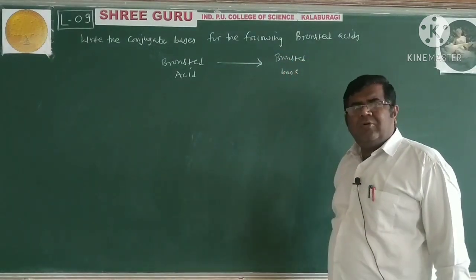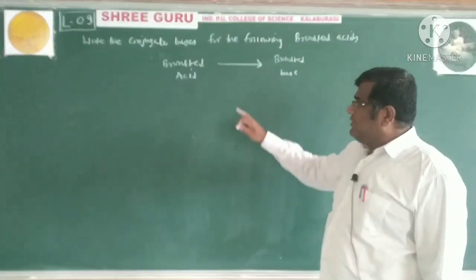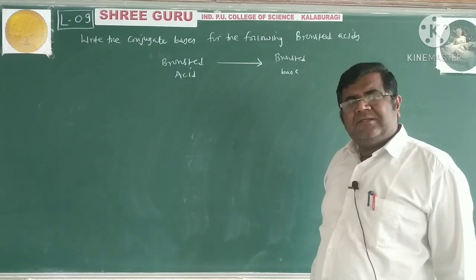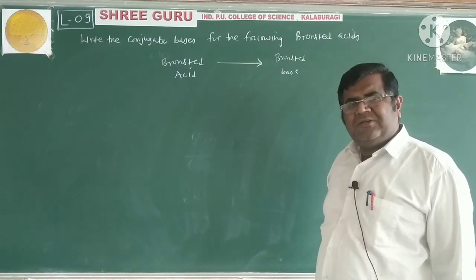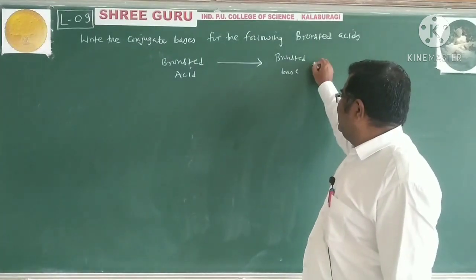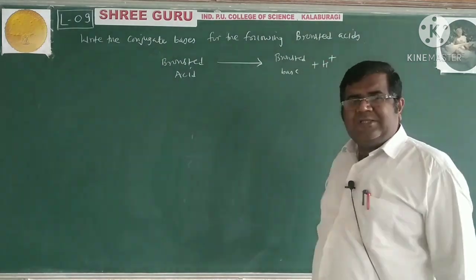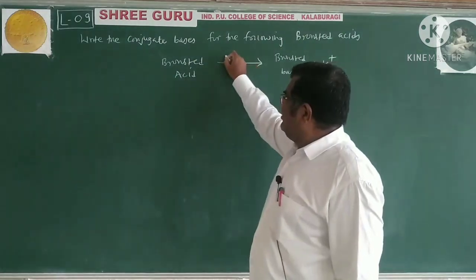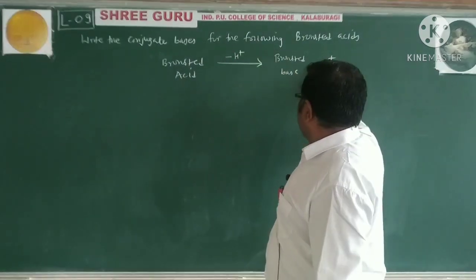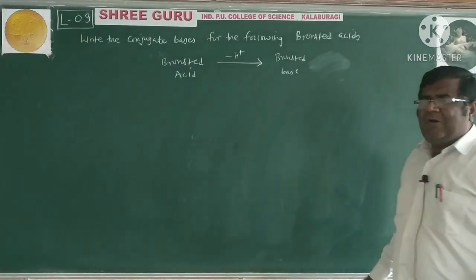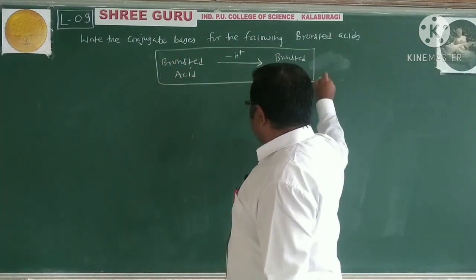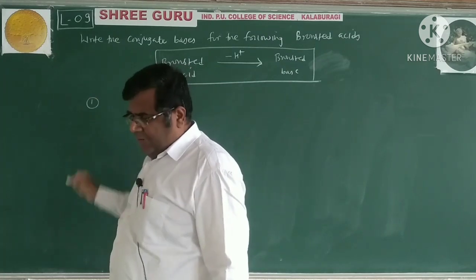How to convert this Bronsted acid to a Bronsted base? Acid is that substance which donates a proton. So either you write H plus on the product side or take out the proton from it and you get the conjugate base. For example, we have already written that question.